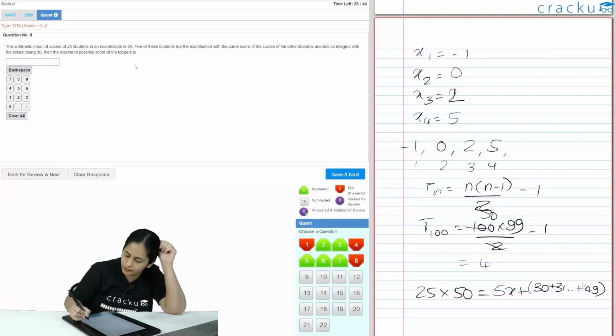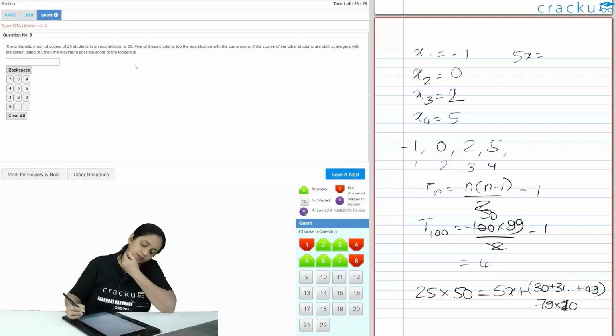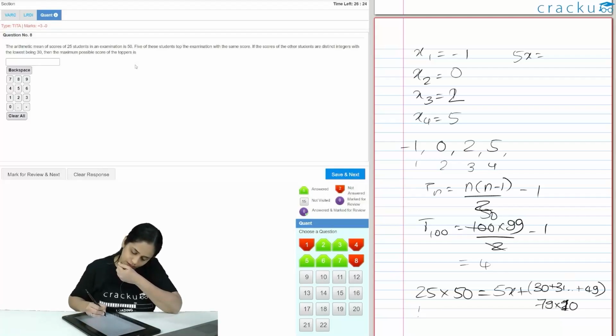So 79, 79. So this is 79 into 20. Right. So 5x is equal to, yes, no, 79 into 10. Sorry. This is 20 students. 79 into 10, 790. This is how much?